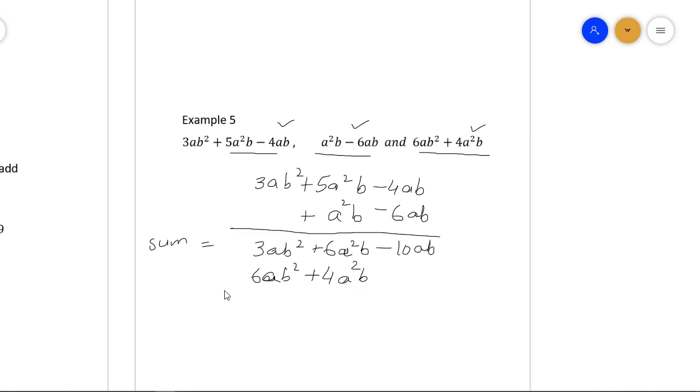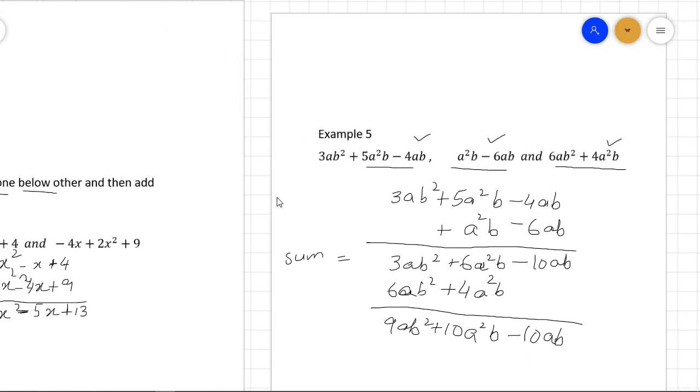Now is there any term left? Okay, no term is left. Now we are going to add them. 3ab square plus 6ab square will be 9ab square, plus 6a square b plus 4a square b will be 10a square b and minus 10ab. That's it. Hope you will understand.